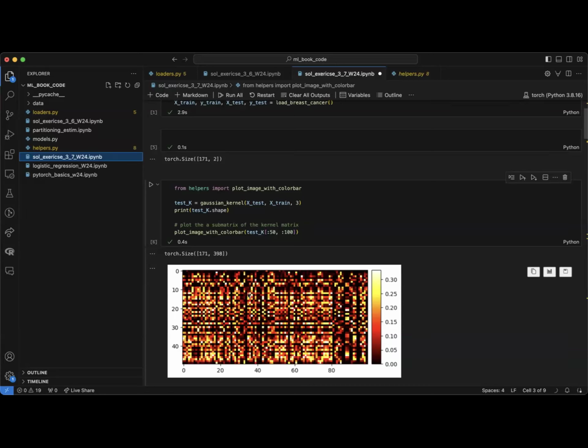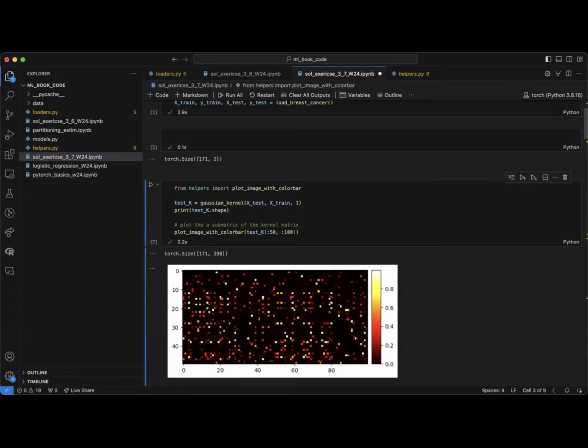Yeah, it gives you the similarities. If I change the bandwidth, if I make it smaller, to the one of zeros, okay, if I make it larger, if I make it very small, you can see what happens.